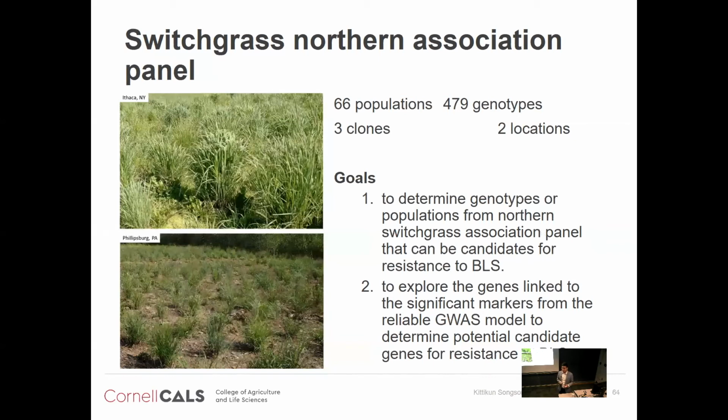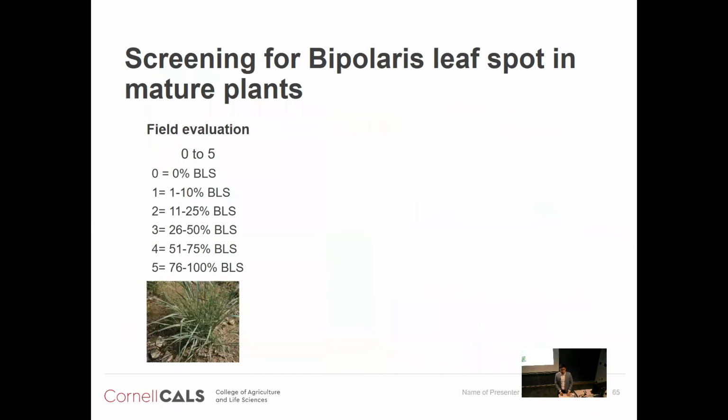And because all of these have been genotyped already, to identify the SNP markers that link to potential resistance genes to Bipolaris leaf spot. At first, the easiest way to evaluate the disease is just to walk through the field, right? So I evaluated using my eyes, with a score from 0 to 5 in the field.